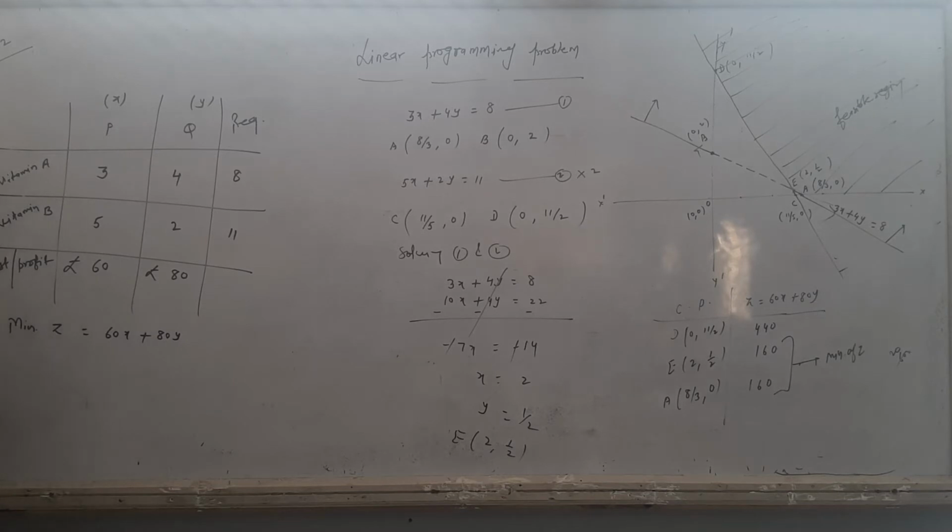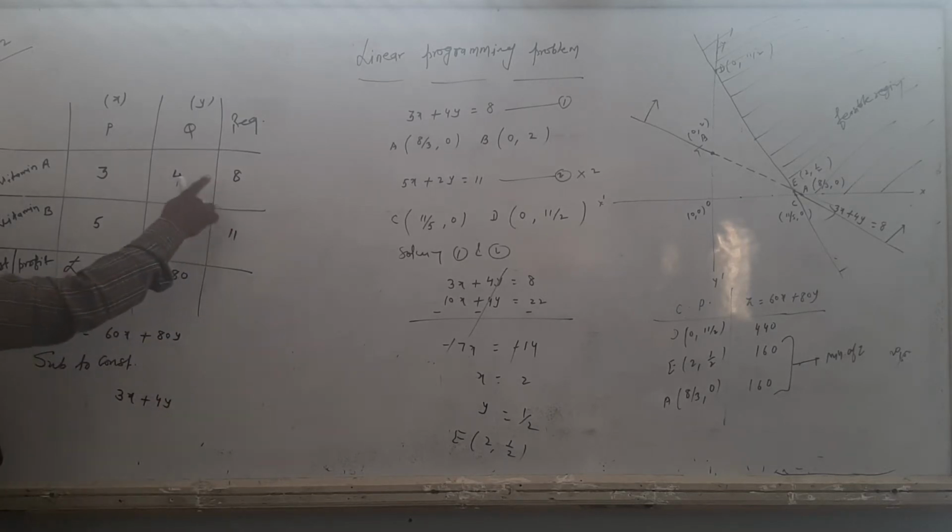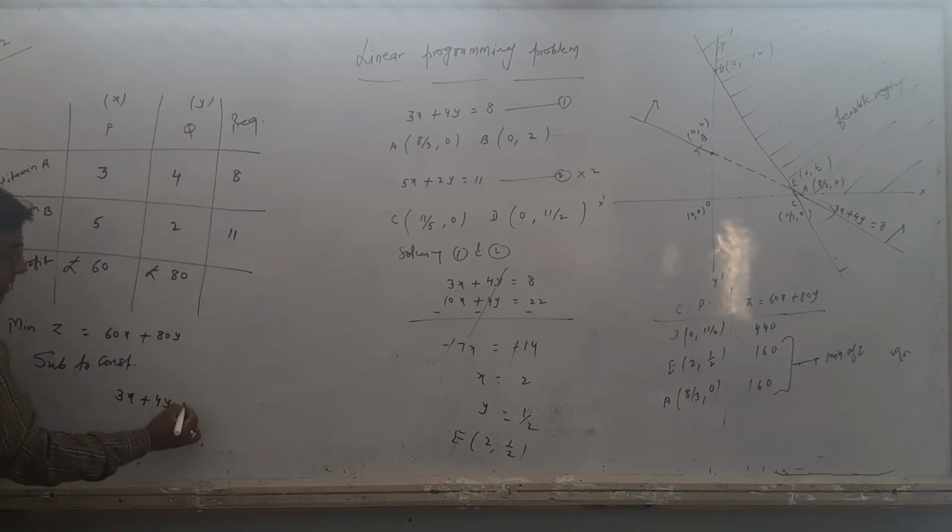And now second thing, subject to constraints, that means conditions. First condition: 3x plus 4y, at least 8 unit requirement है विटामिन ए की. At least means greater than or equal to. जब भी at least sign है, that means greater than or equal to, और at most है, that means less than or equal to.